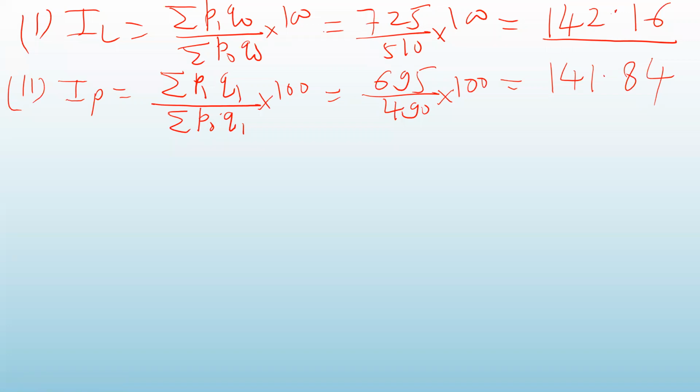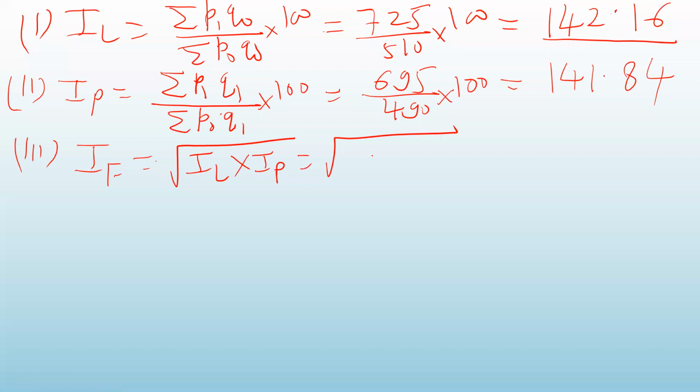Now, once you have calculated IL and IP, the third one is IF, Fisher's index number. It is the geometric mean of IL and IP. So you have to multiply IL and IP and take the square root. So the square root of IL, 142.16, into IP, 141.84.